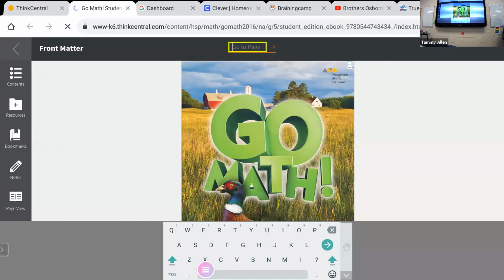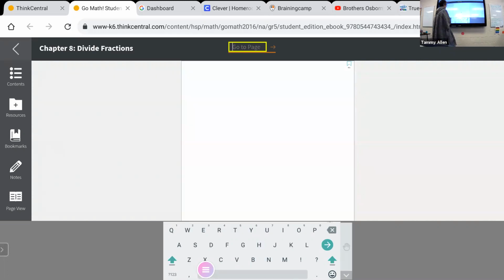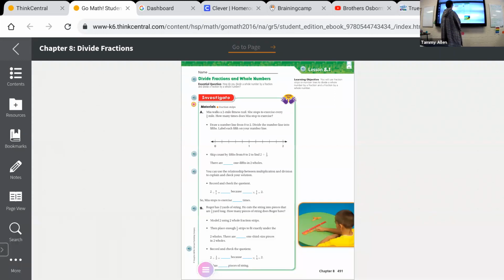And in our books, we're going to start on page 491. And the story problem today, to start with, is Maya walks a 2-mile fitness trail and she stops to exercise every 1/5 mile. How many times does Maya stop to exercise?